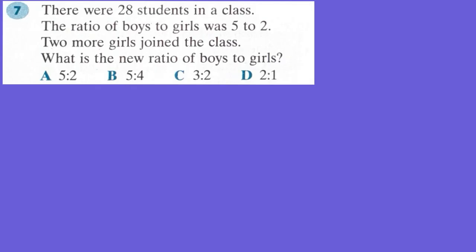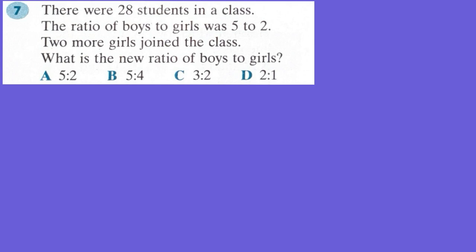Alright, our first question in this series is a ratio one. We've got 28 students in a class and the ratio of boys to girls is 5:2. Always remember that it's important to know whether it's boys to girls or girls to boys. Boys refers to 5, girls refers to 2.